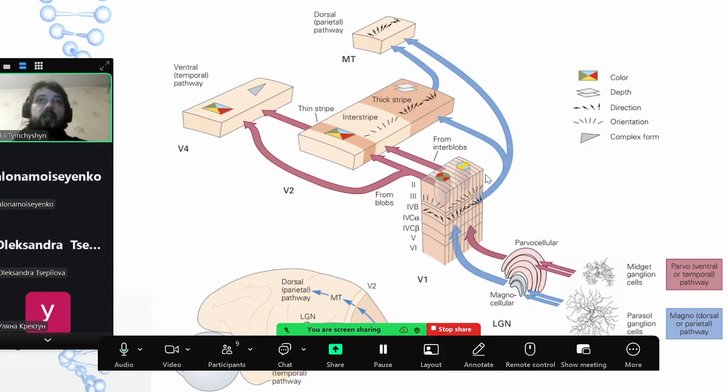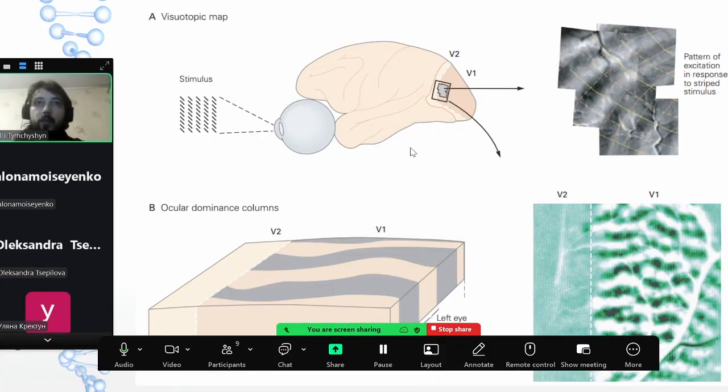You may see processing of colors. So some colors are processed in here. You may see processing of the depth. So depth is processed in V2. So here it is, the thick stripe in V2. You may see some processing of the complex forms. So that's more on the level of V4. So depending on the level, we have different aspects of the objects processed.